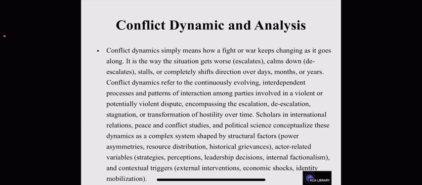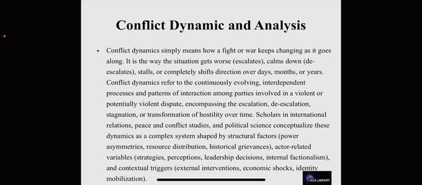Conflict dynamics refer to the continuously evolving, interdependent processes and patterns of interaction among parties involved in a violent or potentially violent dispute, encompassing the escalation, stagnation, or transformation of hostility over time.